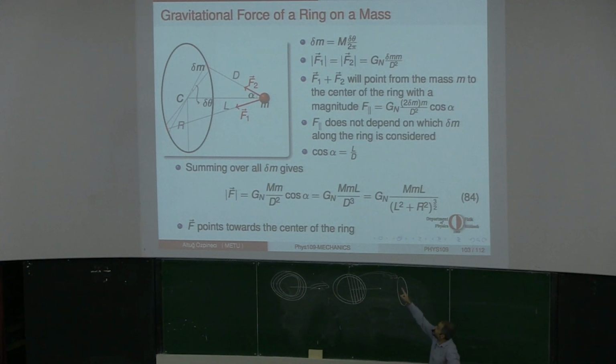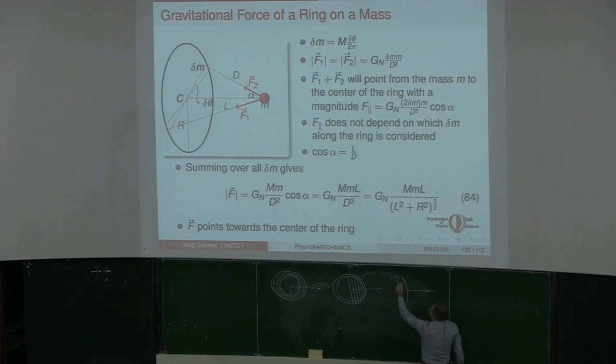So it is just that case over here. I put my mass here. I consider the line that goes through the center of the ring, perpendicular to the plane of the ring. I put my mass here and ask what is the gravitational force that this mass m over here feels. So this is our first question.